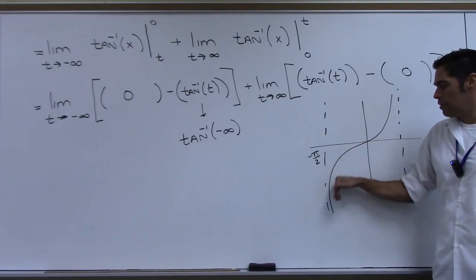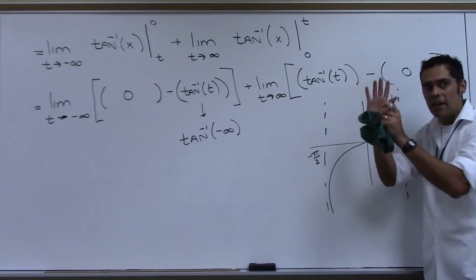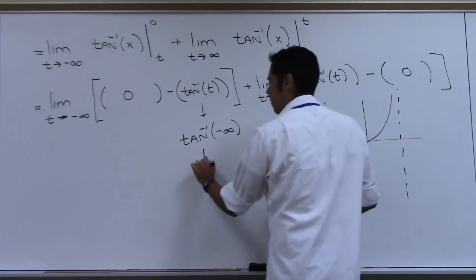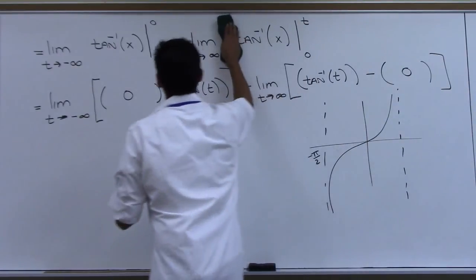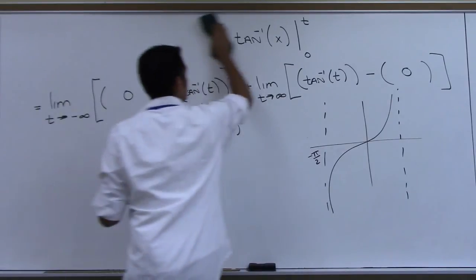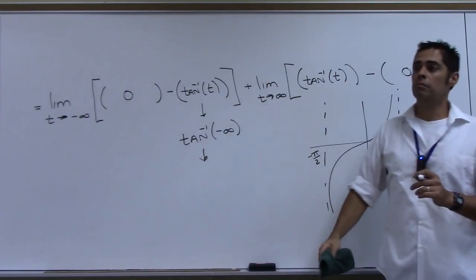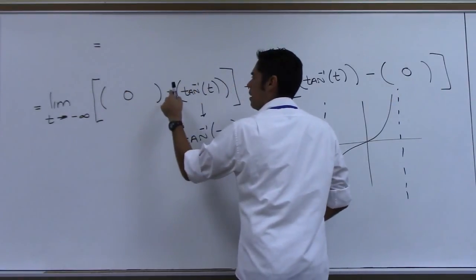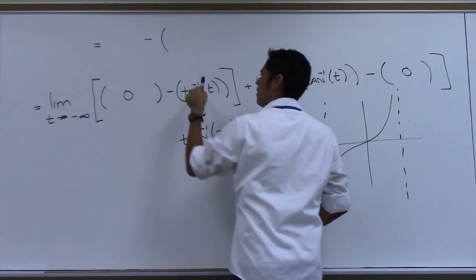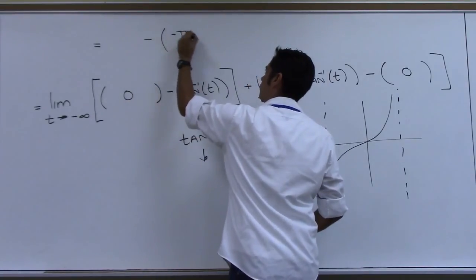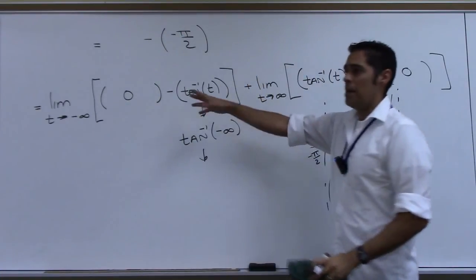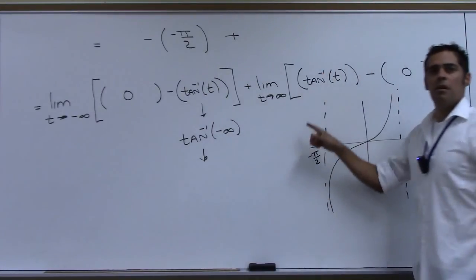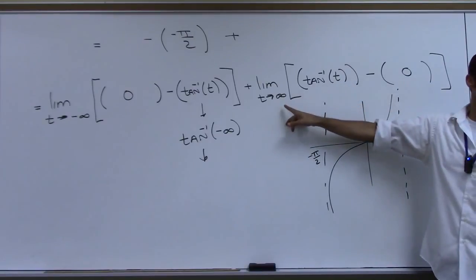As I go further and further down, my x-coordinate, or the angle, is getting closer and closer to negative pi over 2. So this is negative pi over 2. I'll put it up here. Are there any questions with that? No? So this is negative pi over 2. I've done the limit, that's why I didn't write it. Plus, now I'm saying let t go to positive infinity.